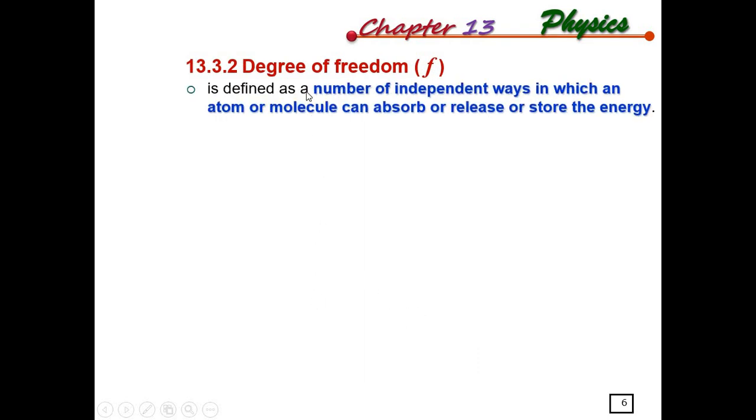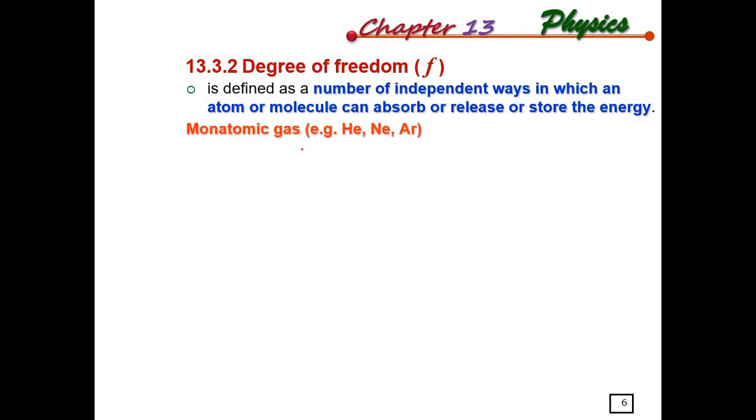The second one, degree of freedom, f. What is degree of freedom? It is defined as the number of independent ways in which an atom or molecule can absorb, release or store energy.